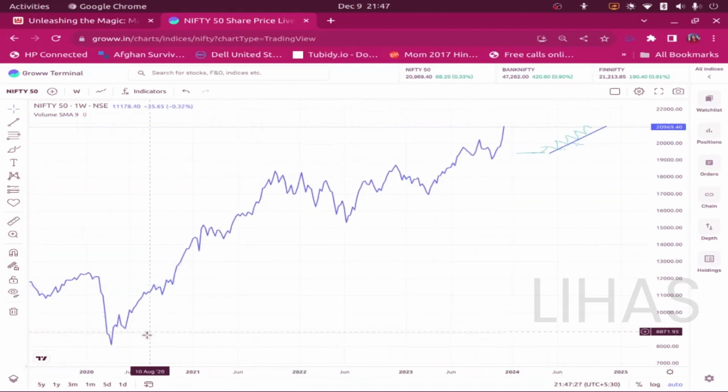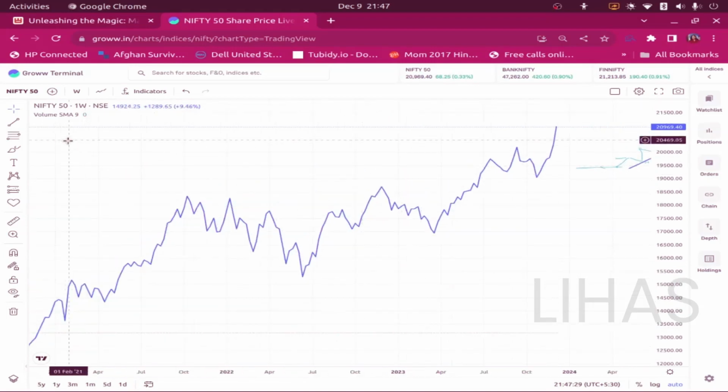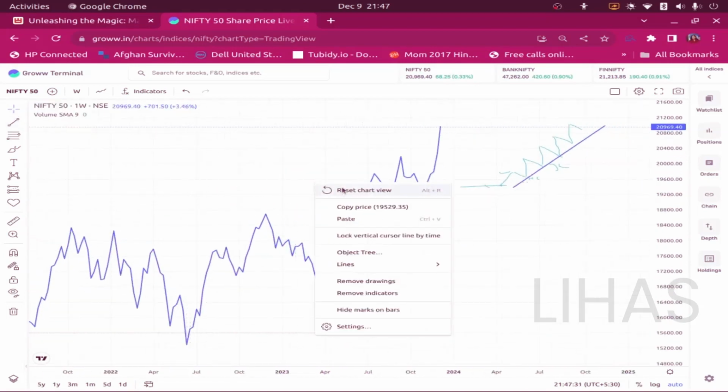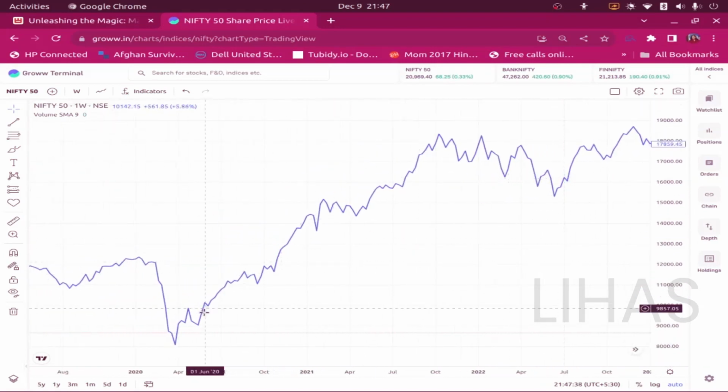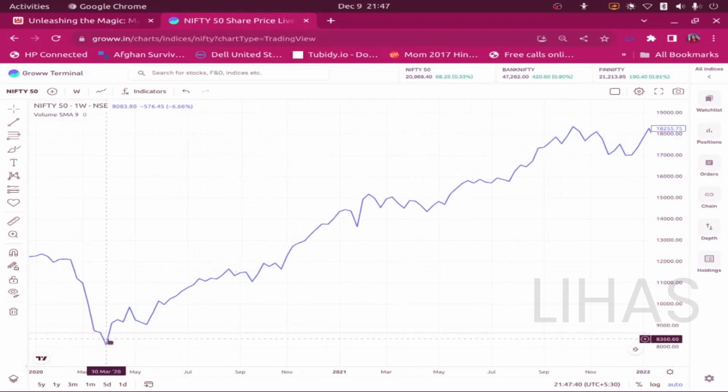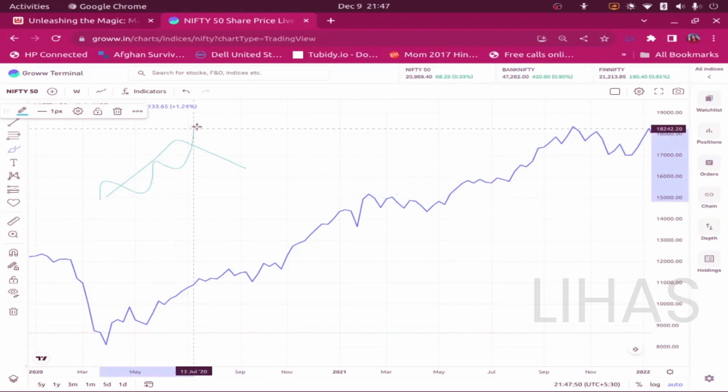So suppose that my period is this one. I'll clear all the drawings. Now how will I draw the trend line here? As I have said to you earlier, price doesn't move like this, it moves like this.